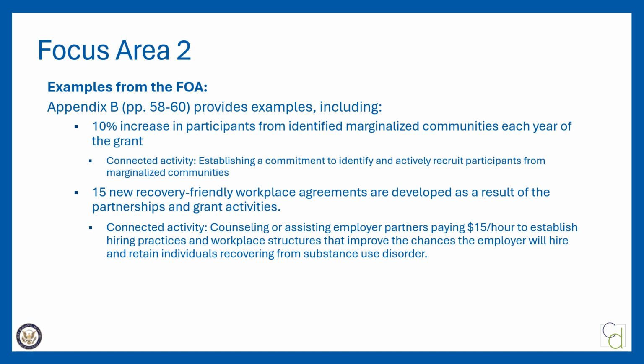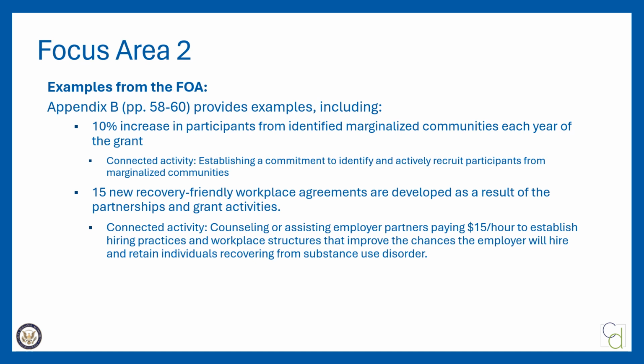The first example is 10% increase in participants from identified marginalized communities each year of the grant. It's connected to the activity of establishing a commitment to identify and actively recruit participants from marginalized communities. Note that for an actual application, it likely would be a good idea to be more specific here in which identified marginalized communities your project will target.